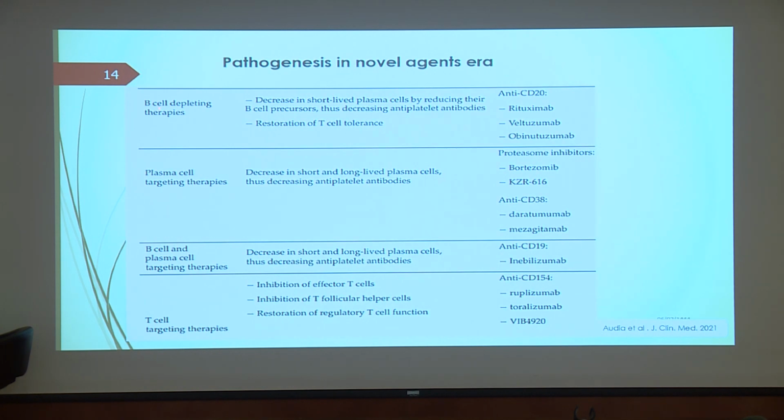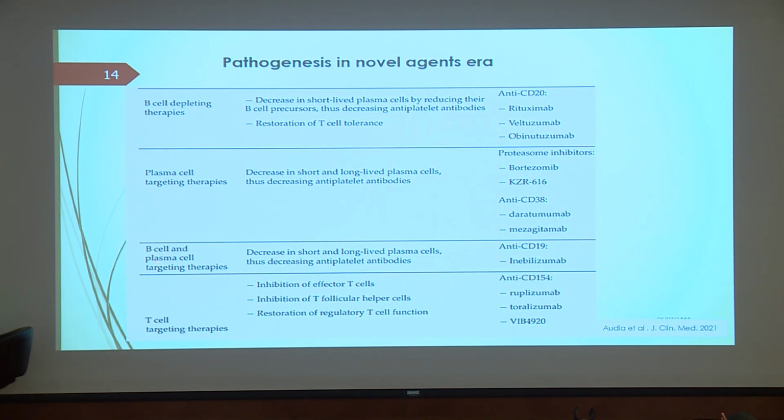And if you see B cell depleting therapy like anti-CD20 or rituximab, it also has the ability to restore T cell tolerance, which is the Treg function, and as I said, it's the initial spark of ITP pathogenesis. Plasma cell targeting therapy like proteasome inhibitors, bortezomib, and daratumumab also decrease short and long-lived plasma cells, thus decreasing antiplatelet antibody production.